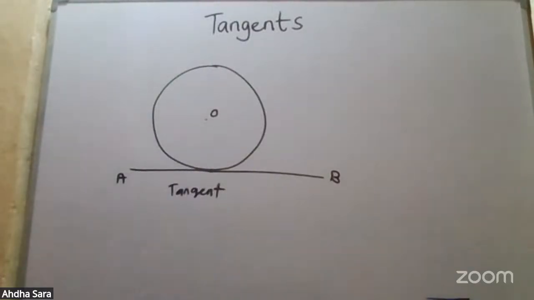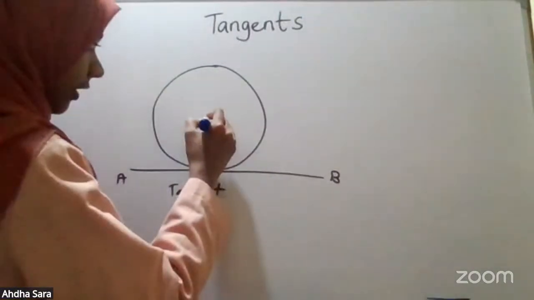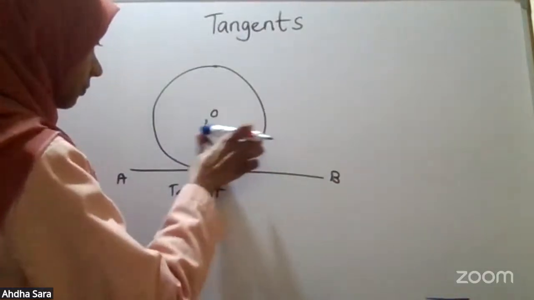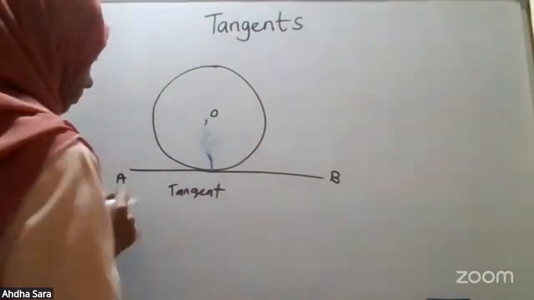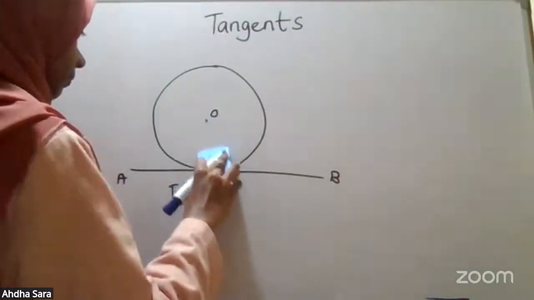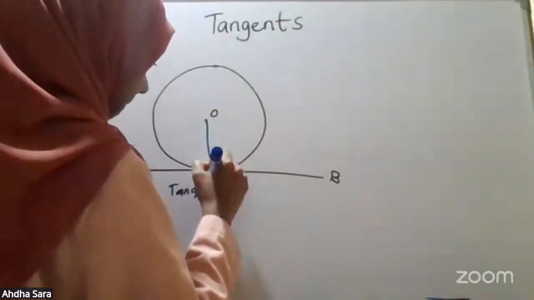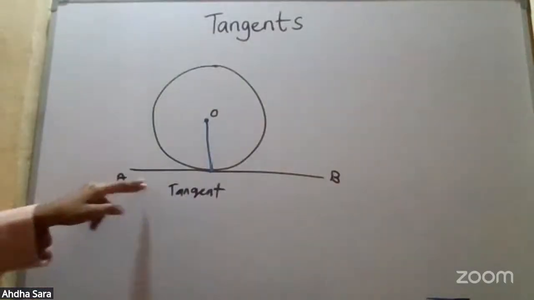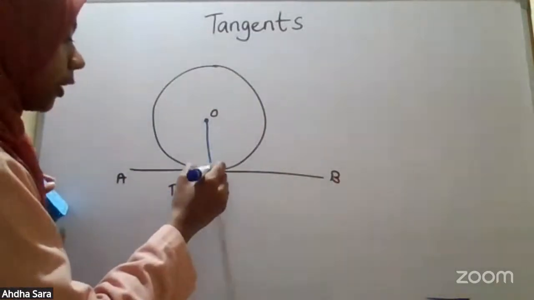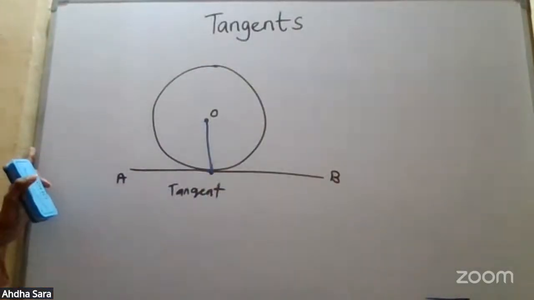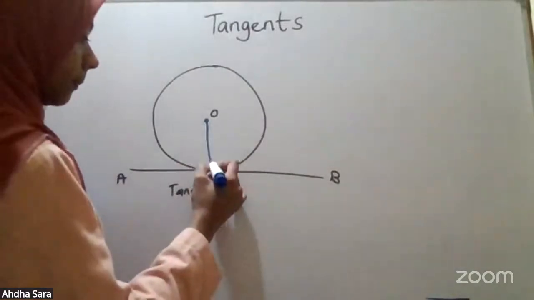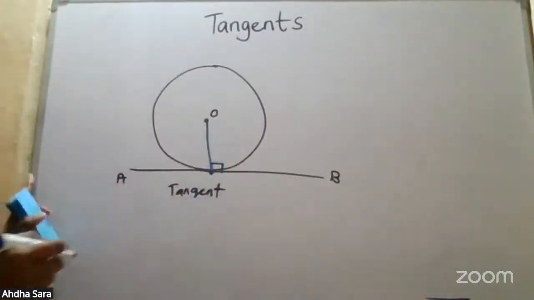So, theorem 1 is: the straight line drawn through a point on a circle has to be perpendicular to the radius of that same circle.